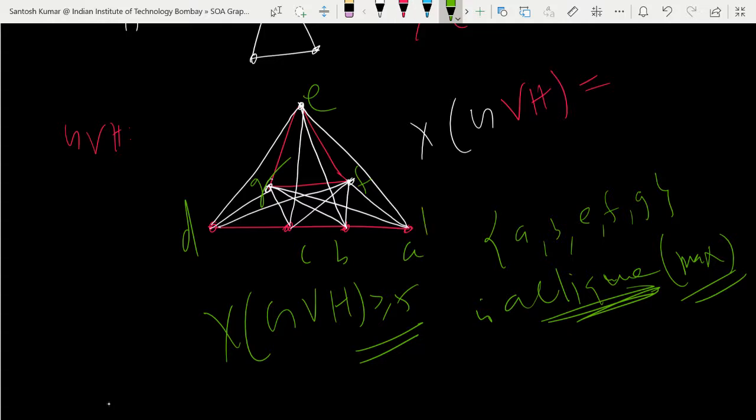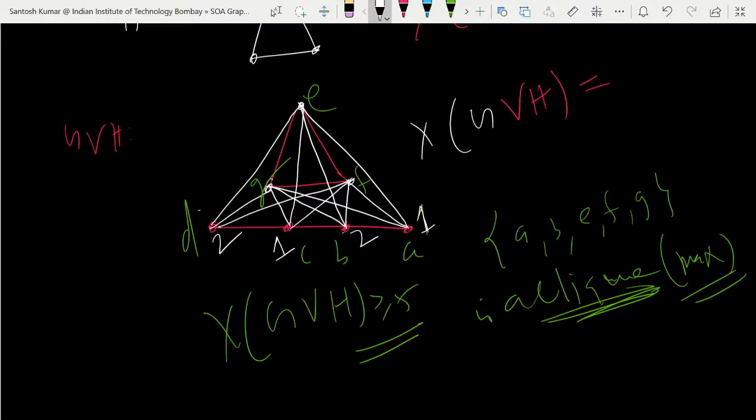So 1, one here, 1, then 2, 1 2 1 2, right? 1 2 1 2, because A and C are non-adjacent and B and D are non-adjacent.